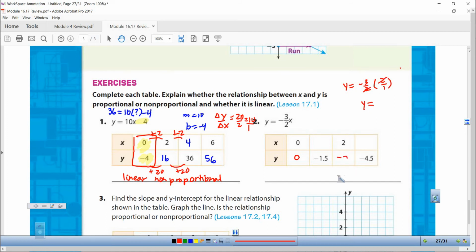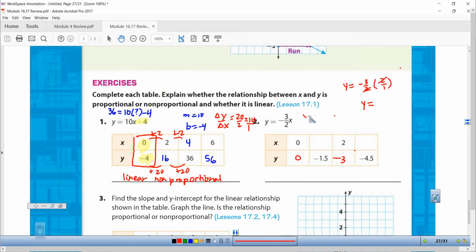negative 3. All right. Now, if you take a look right here, do you see from there to there our change in y was -3 and our change in x was +2? All right, if this is a linear relationship, then this is going to go halfway. Sorry, y was equal to -3 right here, right?